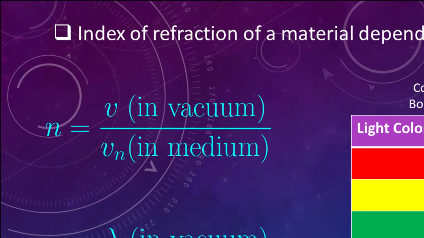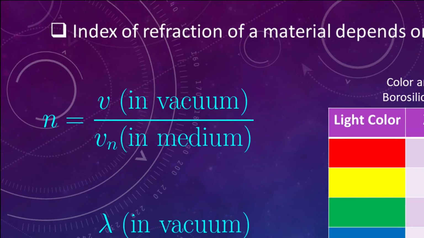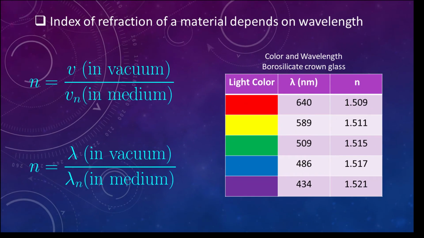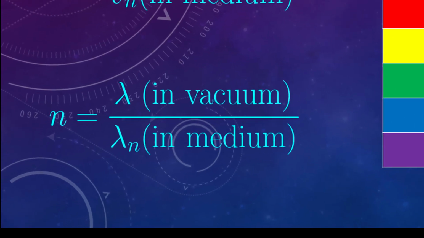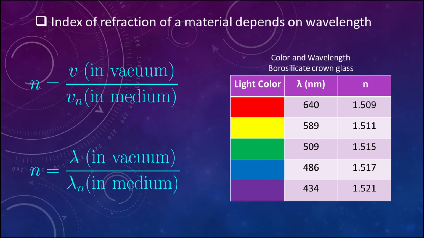In another relationship, the refractive index is also equal to the ratio of the wavelength of light in vacuum to the wavelength of light in the medium. Therefore, the index of refraction of a material depends on the wavelength or color of the light.